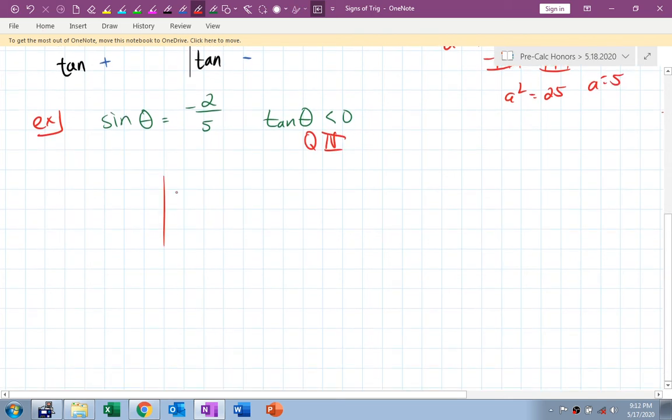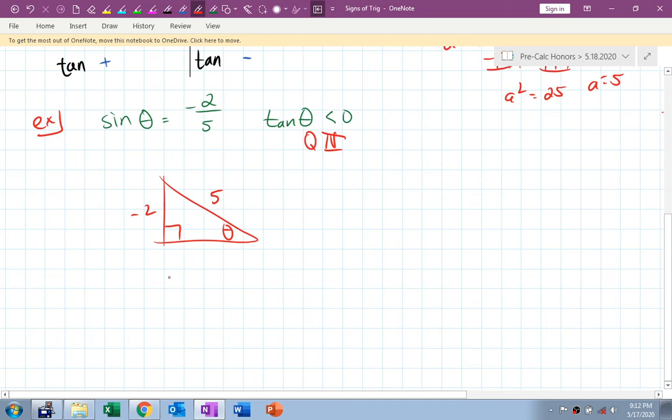But what I would do now is make my triangle. I'm not doing this on the circle. I'm doing it the other way because I wanted to show you two ways of doing it. Sine is opposite over hypotenuse. Hypotenuse is always positive. You can't have a negative hypotenuse. So we're going to have negative 2 over 5. I'm going to find that missing side.